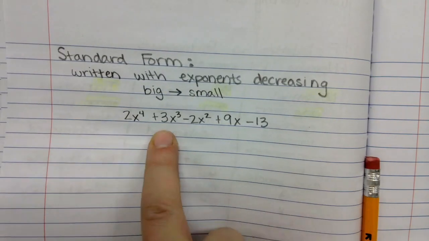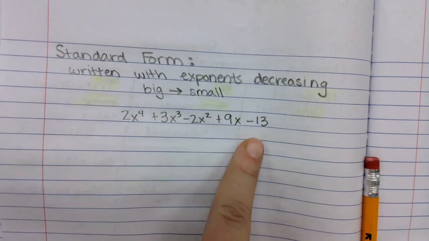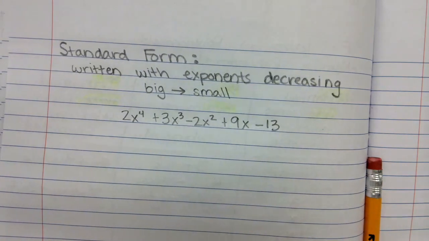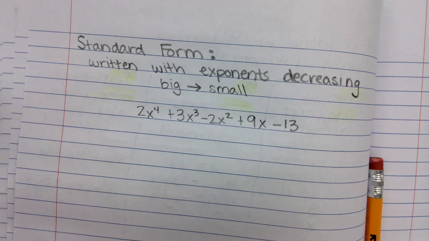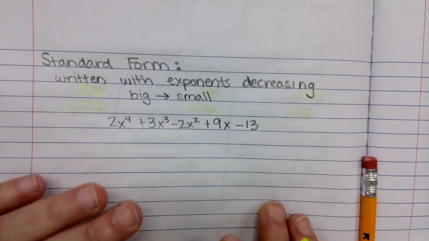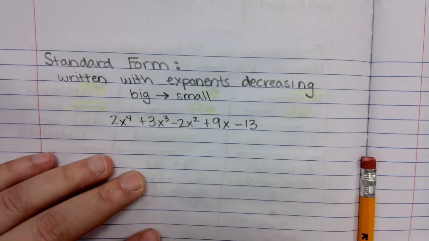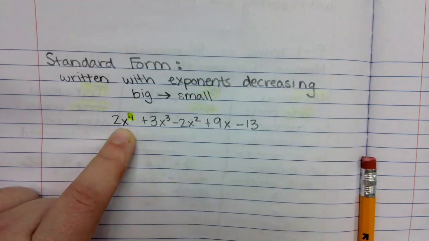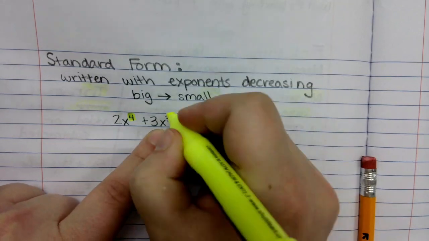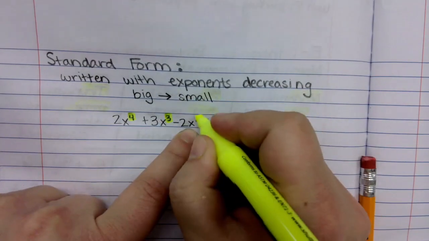All right, then what was going to come last? That minus 7. We can either write it as plus negative 7 or as minus 7. Constants, numbers without variables, always go last. So if you need to write that down, the constant always goes last.